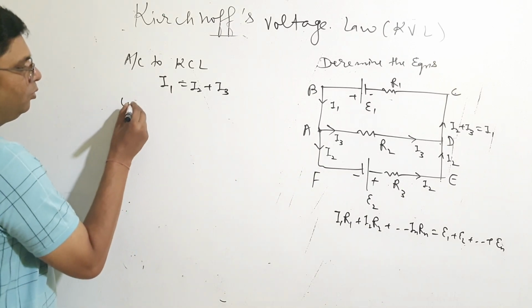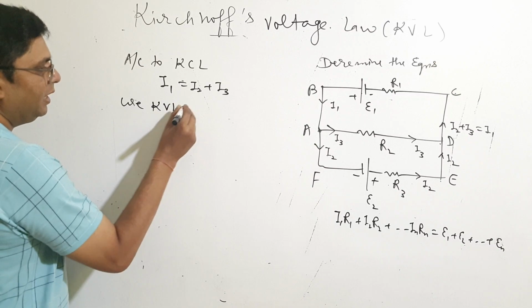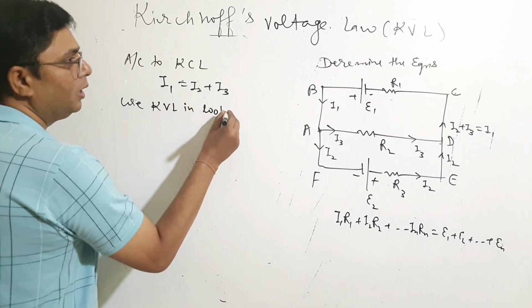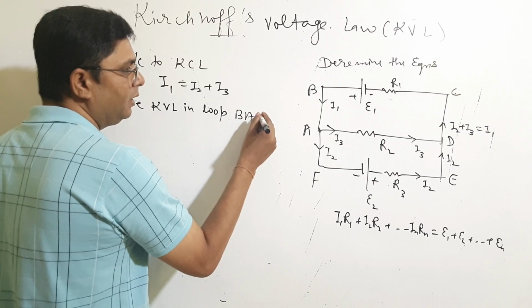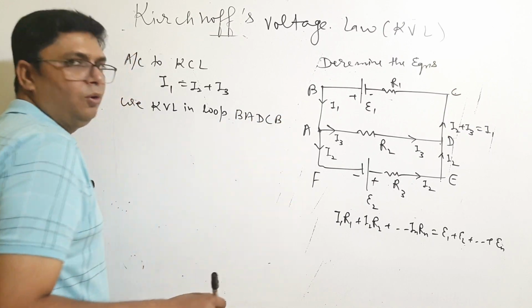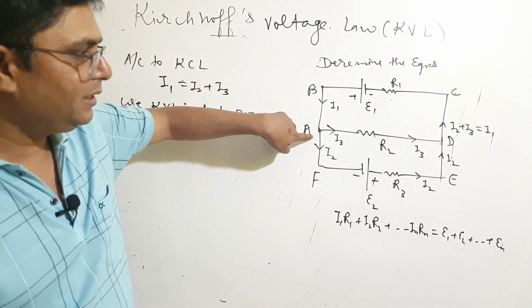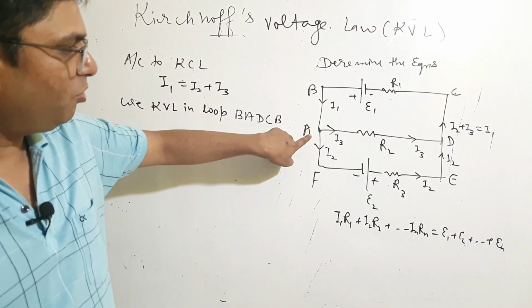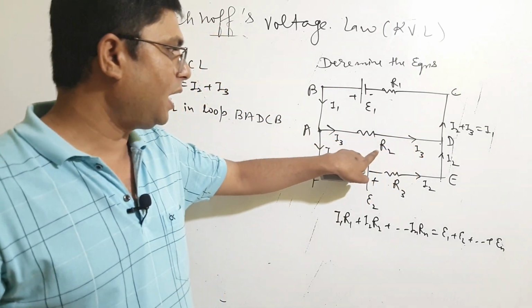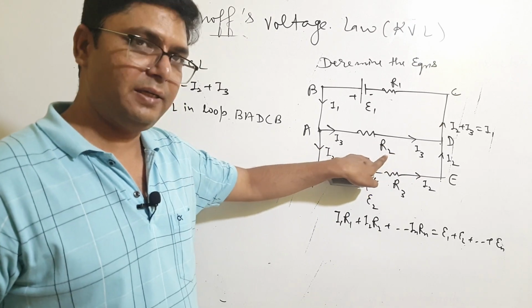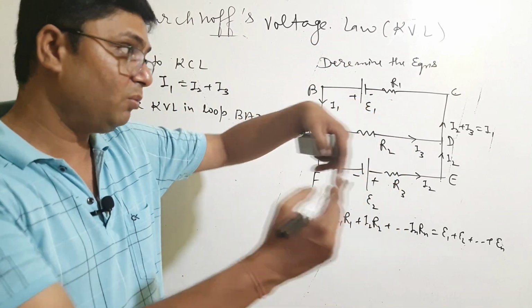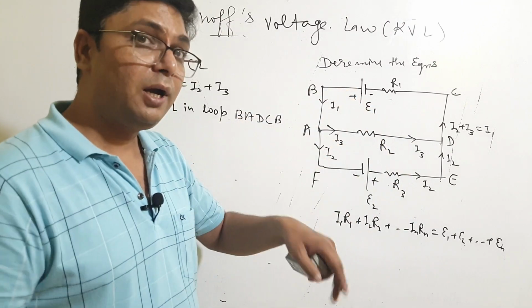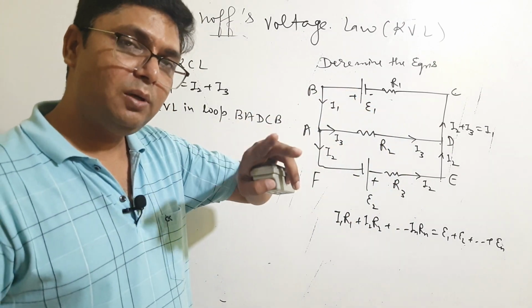Now use KVL in the loop. The loop is B, A, D, C, B. When you move from B to A, no resistance is there. But when you move from A to D, resistance R2 is there and current I3 is here. Both have the same direction. You are moving from A to D and current is also moving from A to D. So the current and resistance product is positive.